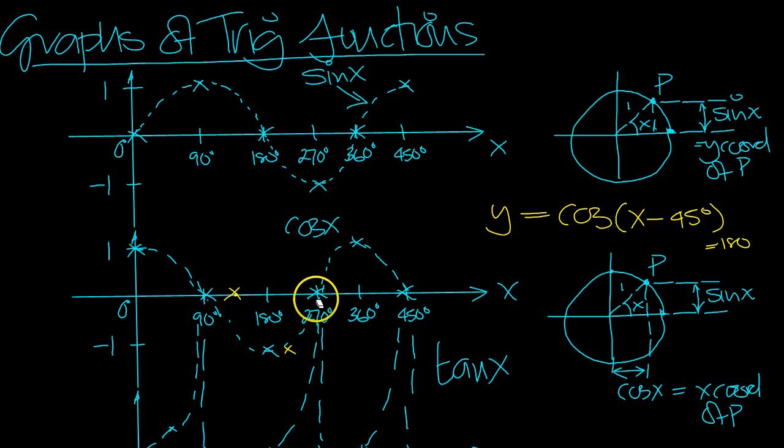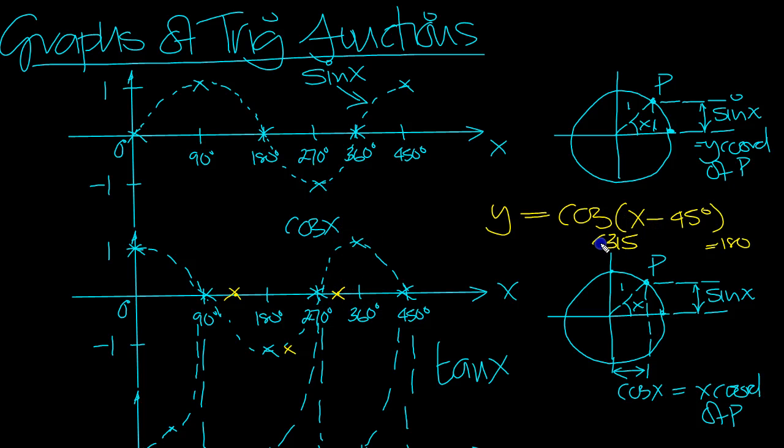Try 315. I'm just subtracting 45 degrees. 315 take 45 gives 270. 315 is the input for the x value. The output is cosine of 270, which is here. So can you see that point is literally shifted forward 45, in a sense?